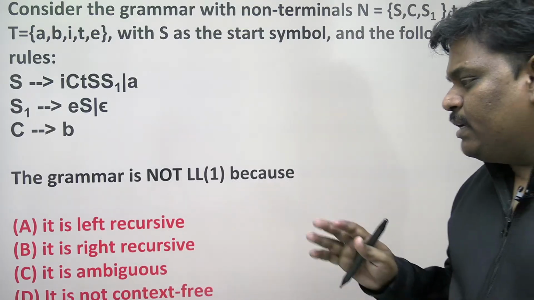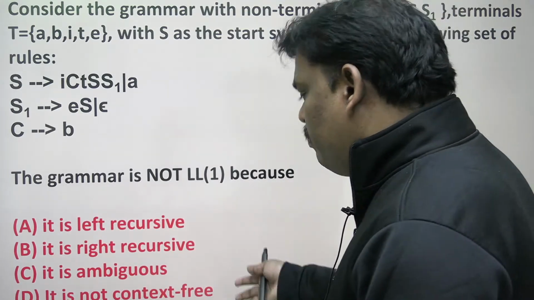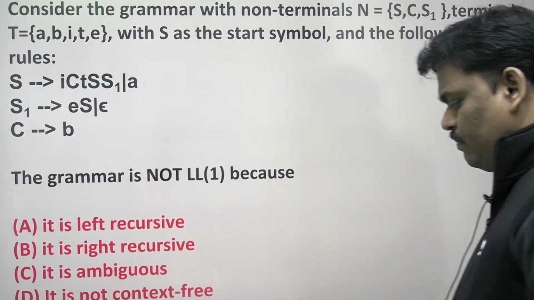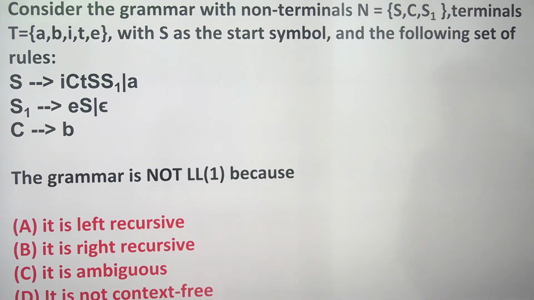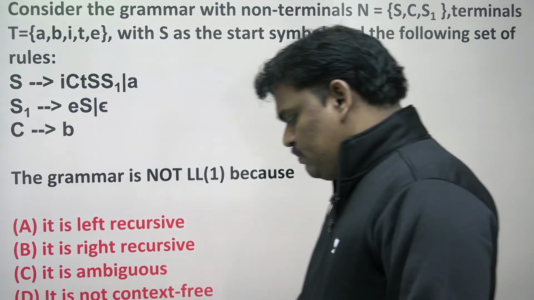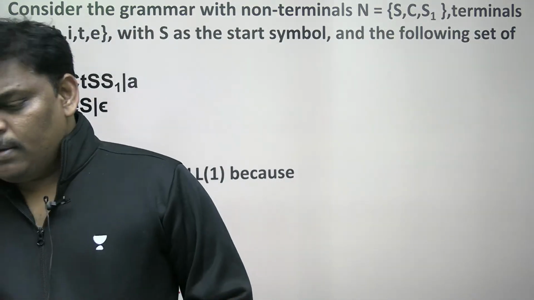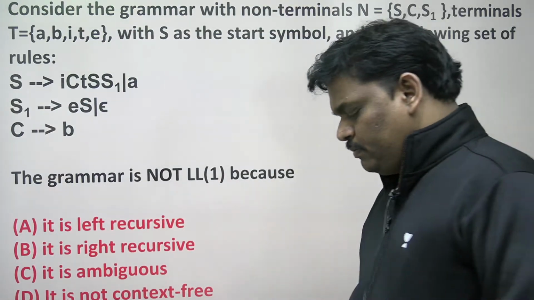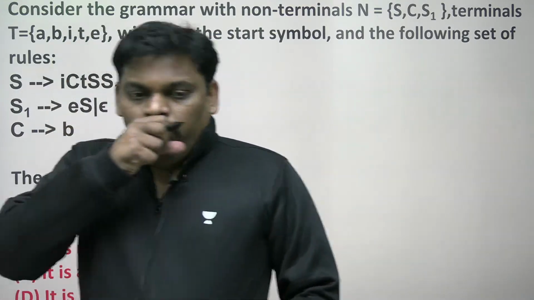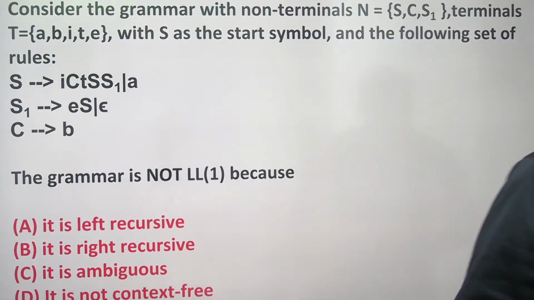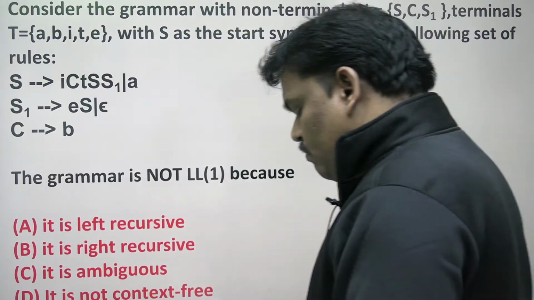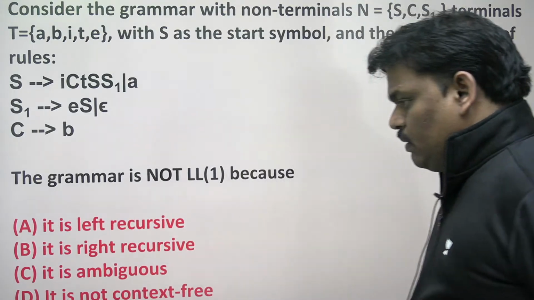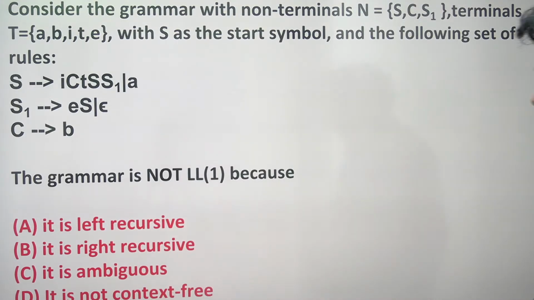If it is not LL1 because of ambiguity, please give one example where multiple parse trees are possible.